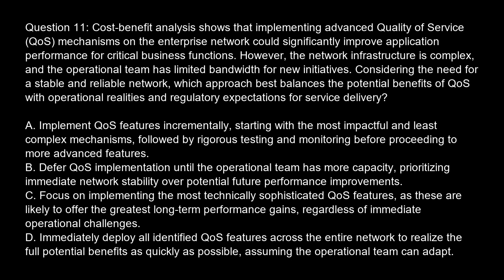Option C. Focus on implementing the most technically sophisticated CoS features, as these are likely to offer the greatest long-term performance gains, regardless of immediate operational challenges. Option D. Immediately deploy all identified CoS features across the entire network to realize the full potential benefits as quickly as possible, assuming the operational team can adapt.